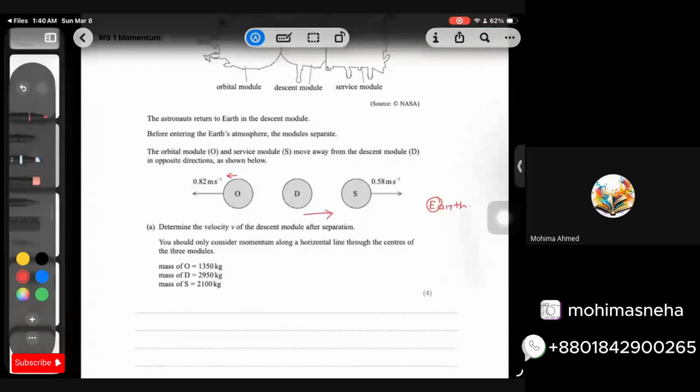So if O moves away from the atmosphere, obviously O will push on D. Because of this pushing force, D now has a force acting in the direction of Earth. So using this, D can actually move down to the Earth, right? So O moving away from D kind of pushes D towards the Earth. That's a beneficial thing. But why is S moving in this direction compared to D? What does this have to do with the motion of D?